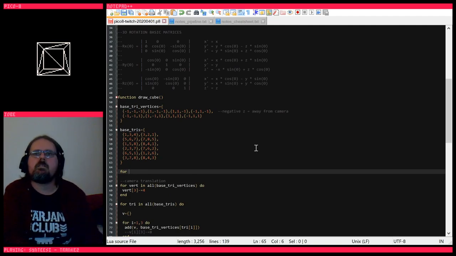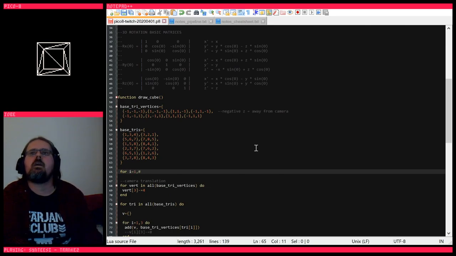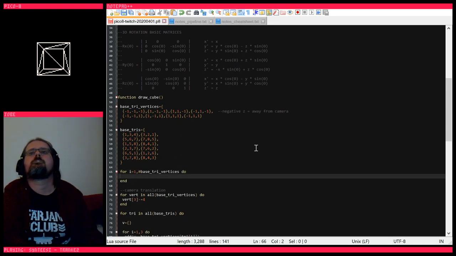So we need to do it in a different way for this to work. For i is 1 to the size of base try vertices, do new x equals base try vertices 1.